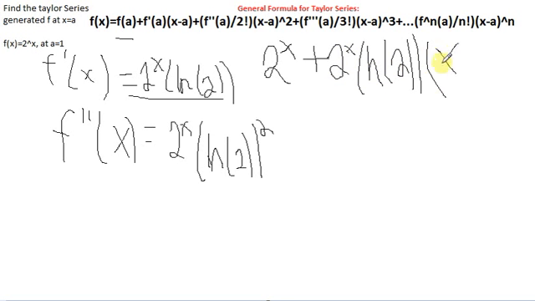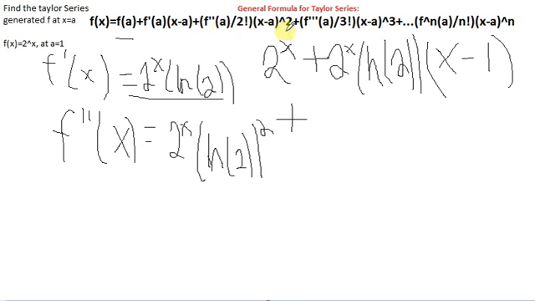Now moving on to the third term of the series, you get the second derivative of the original function over 2 factorial times x minus a squared. We see the second derivative to be 2 to the x ln of 2 squared.